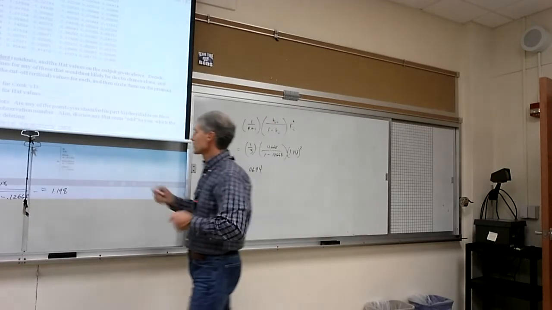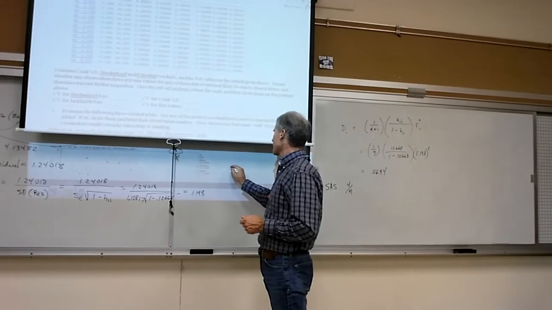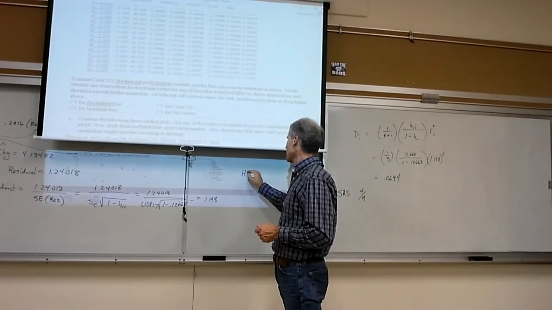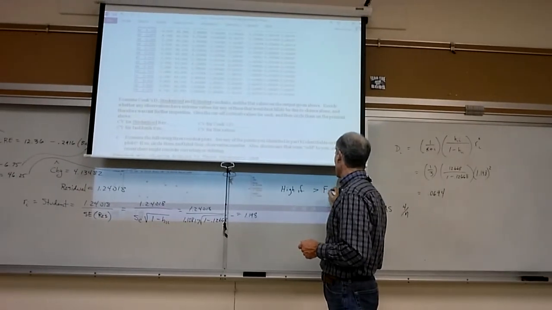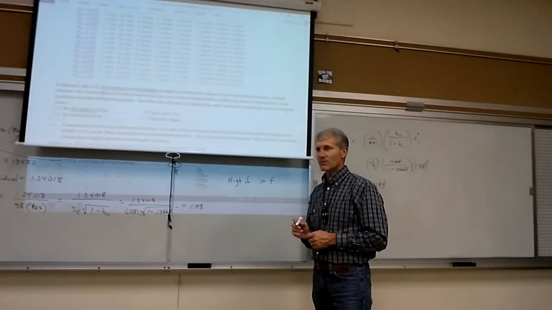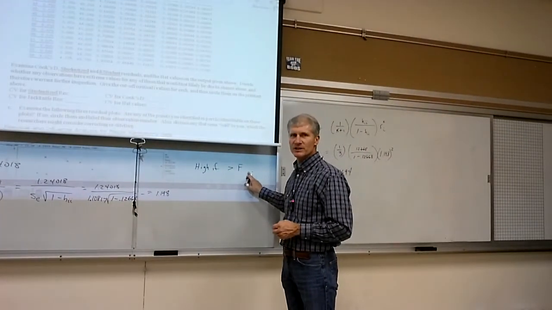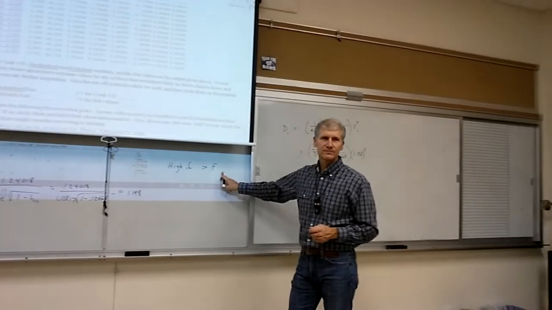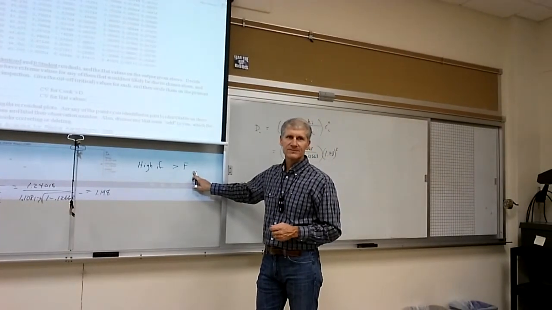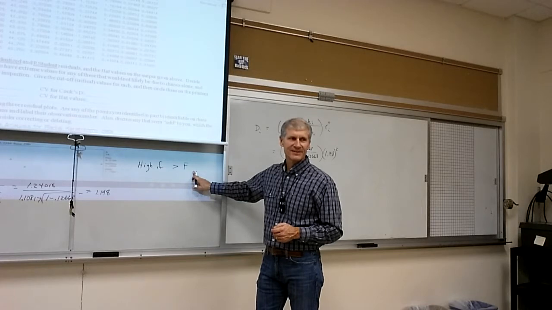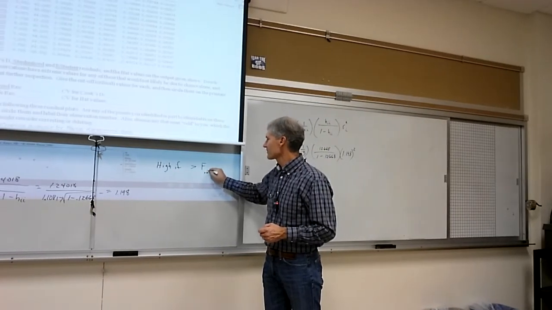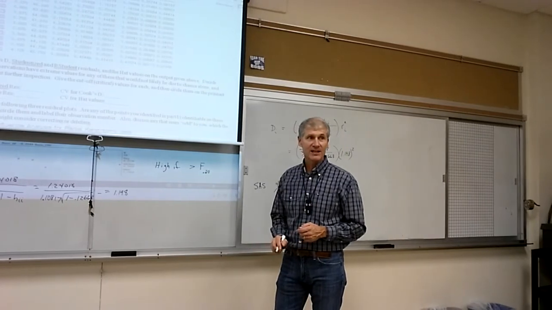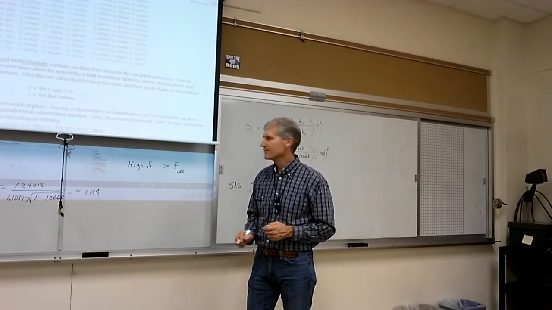So you're going to do it's high if greater than F statistic and which percentile? The notation our author uses is F sub 0.2, which is the 80th percentile, right?